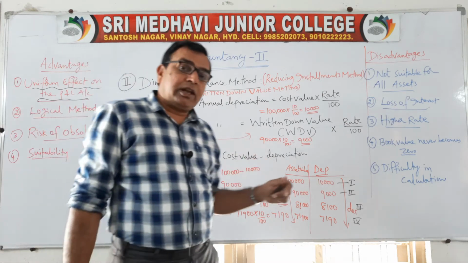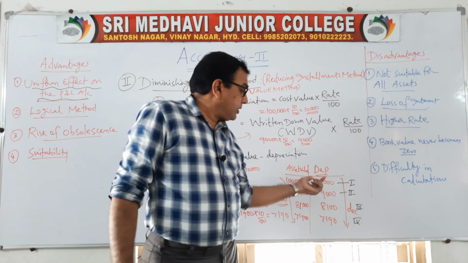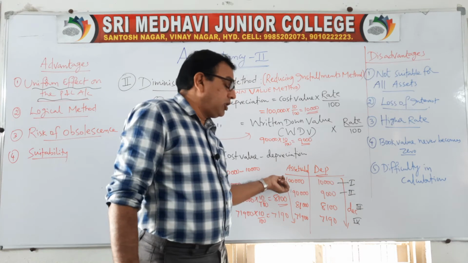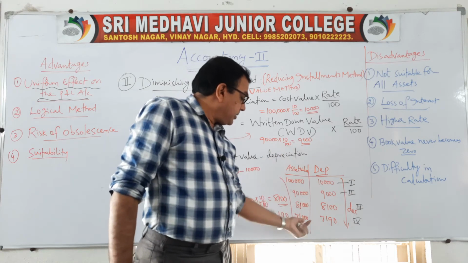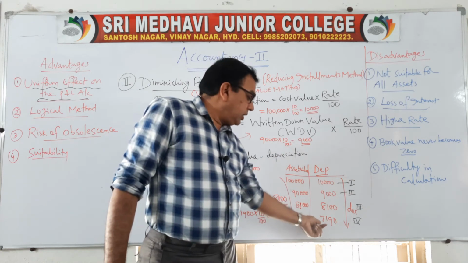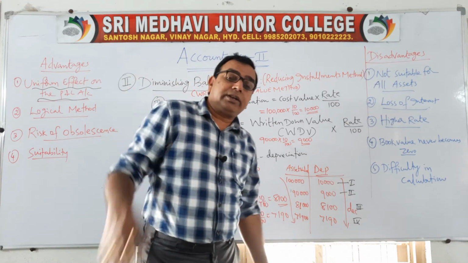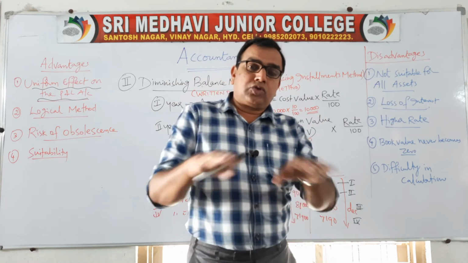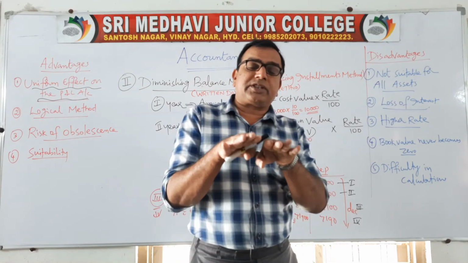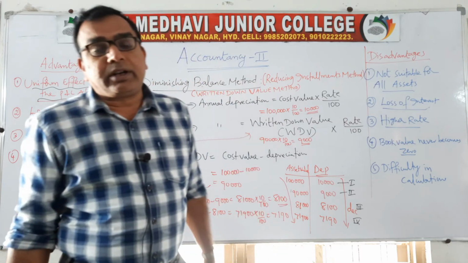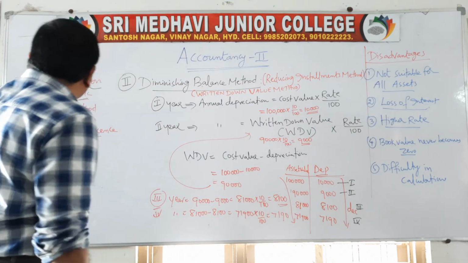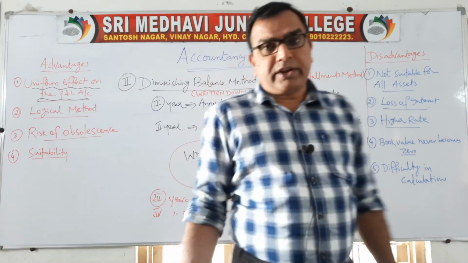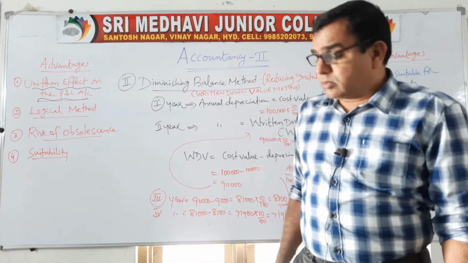But in case of diminishing balance method, as we are taking in the initial stages more amount of depreciation according to the highest value of the asset, in the slack years as the asset value got decreased, we are taking lesser depreciation, but we can write more amount of repairs and maintenance cost, whatever actually we have incurred. So both coming together, depreciation plus repairs cost will make the debit amount balance on the profit and loss account. So that is the reason we see that there will be uniform effect on the profit and loss account.